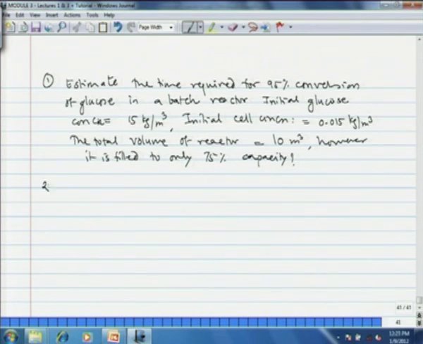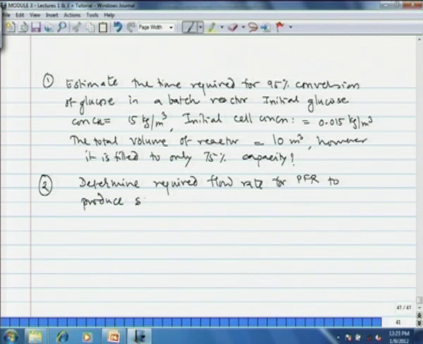The second is that we have to determine the required flow rate for a PFR to produce the same conversion as for the batch with the same reactor volume.